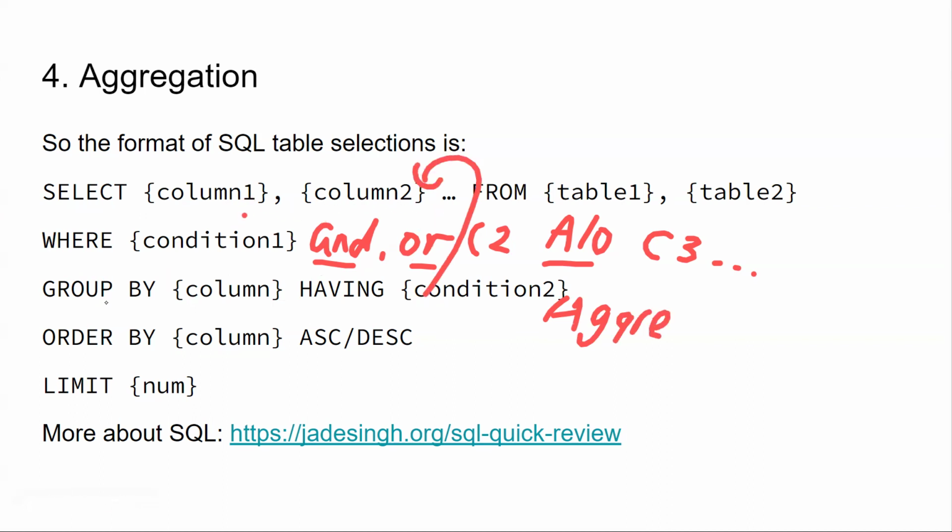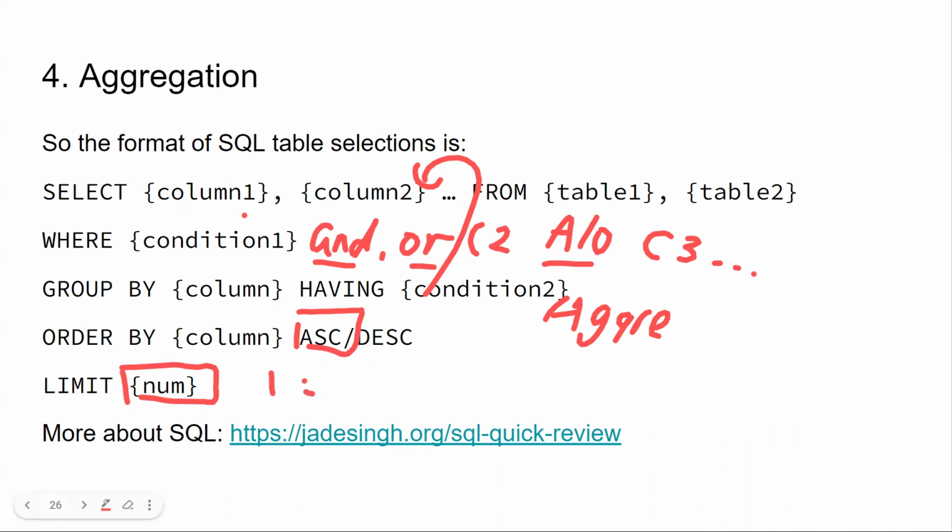And then you do ORDER BY the result of the column, according to which one you want, ascending or descending. Ascending is the default, and you do LIMIT for how many rows you want to pop out.